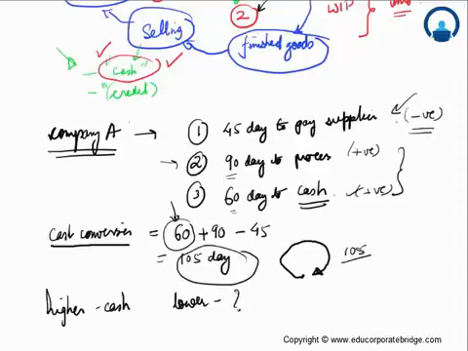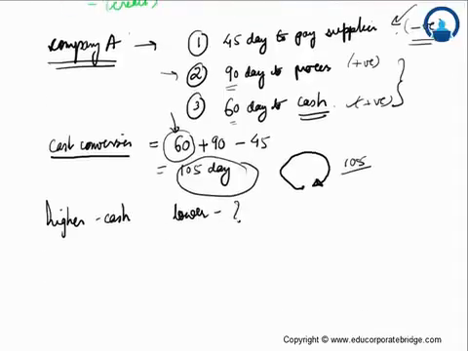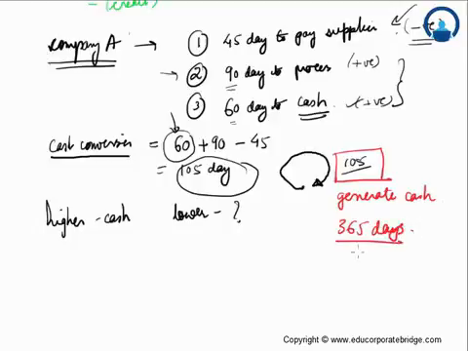Think about it. This 105 denotes directly and indirectly that your system is taking 105 days to generate cash. So if it takes 365 days, do you think it is desirable? Obviously this is not a desirable situation. The lower the cash conversion cycle, the better it is. So that's what we must try for.